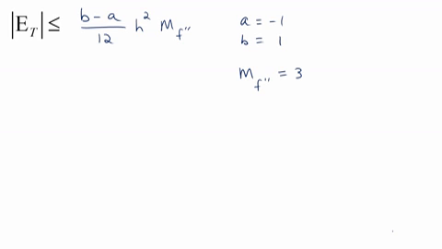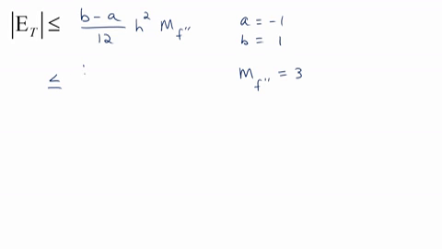Part D is asking us to show that the trapezoidal error, the absolute value of that error, is less than or equal to h squared over 2. So here I have the formula, absolute value of e sub t, less than or equal to b minus a over 12 times h squared times m sub f double prime. So substituting those values in, this would be less than or equal to b minus a.